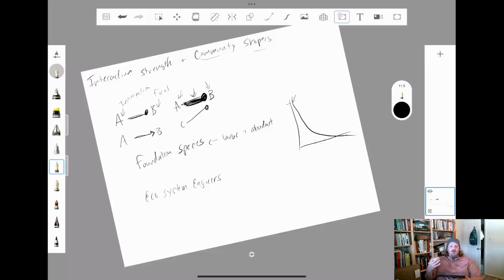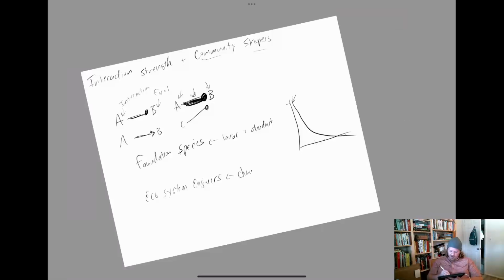It is shaping, physically modifying the environment in a way that changes either the diversity or composition of species, community structure. So ecosystem engineers change an environment in a way that impacts community structure, right? The final one is a keystone species.